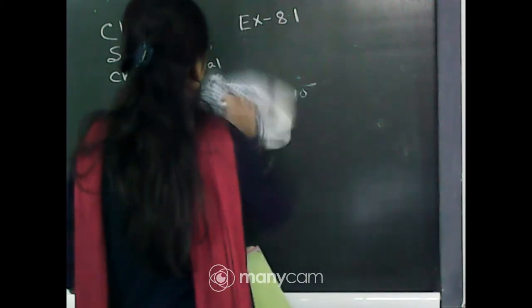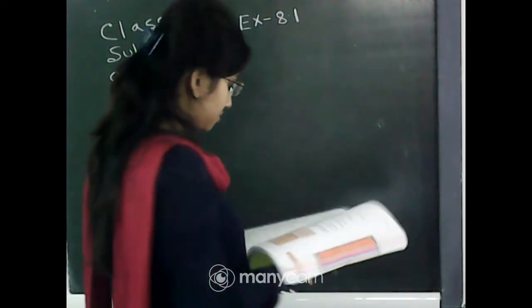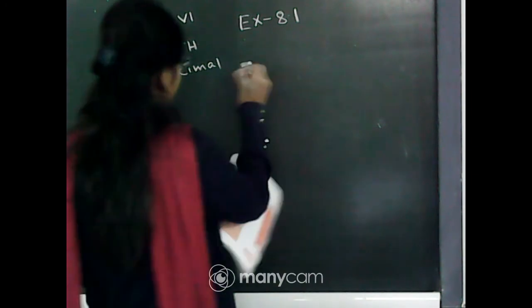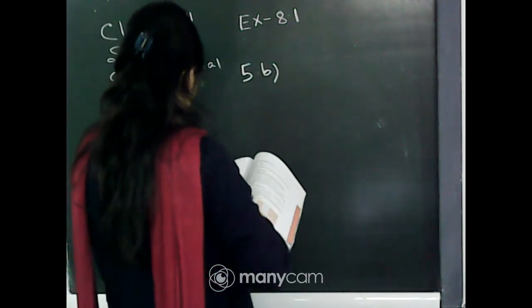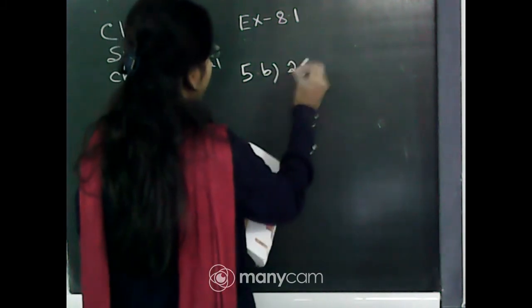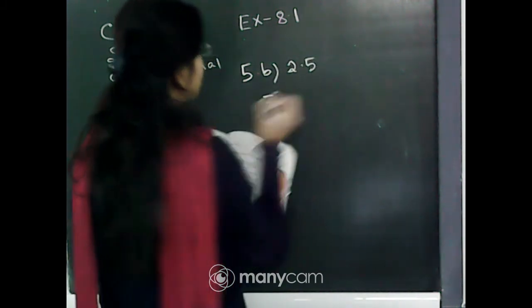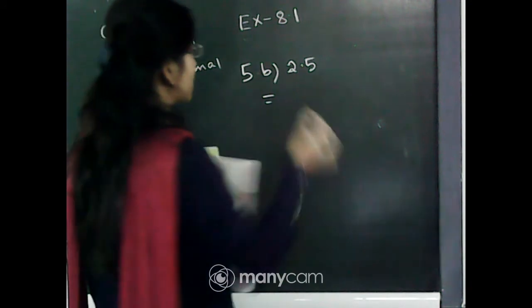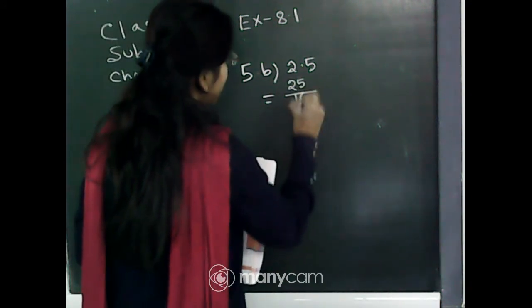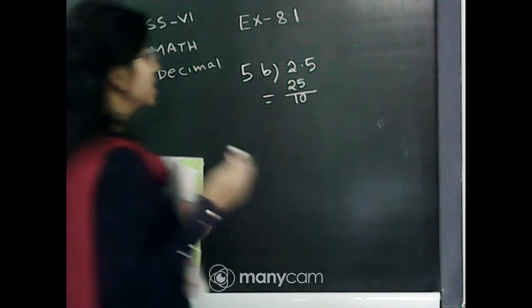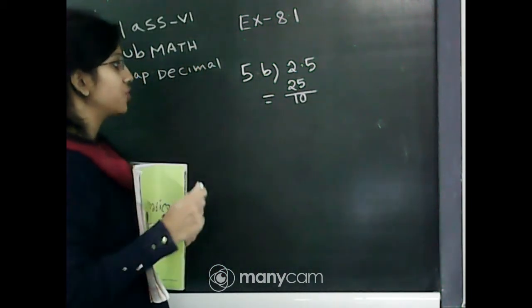Next question 5b. If we convert this decimal number into the fraction, we get 25 divided by 10. Now, clearly the HCF of 25 and 10 is 5.